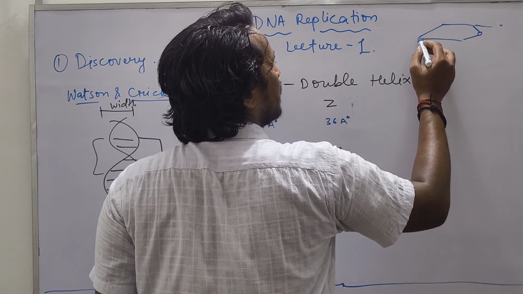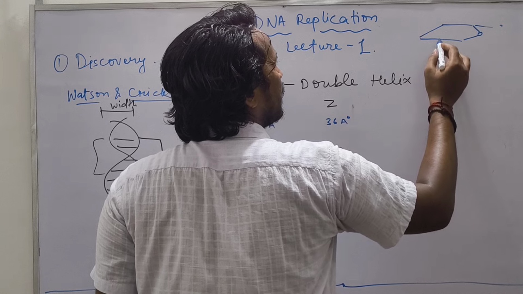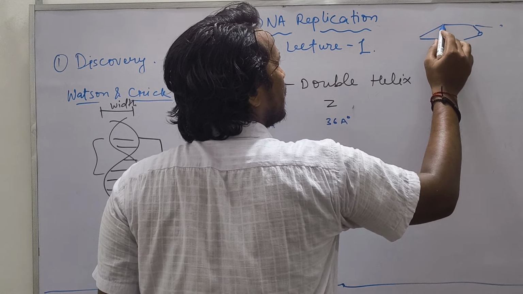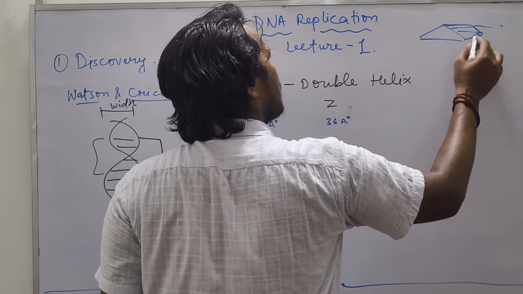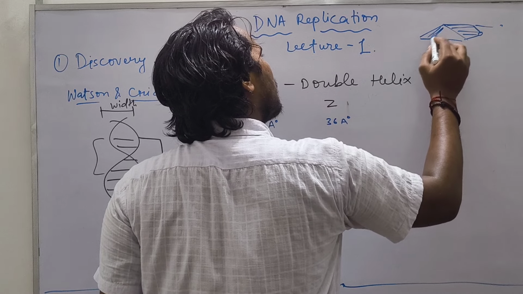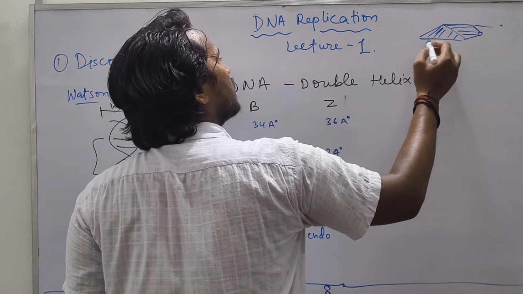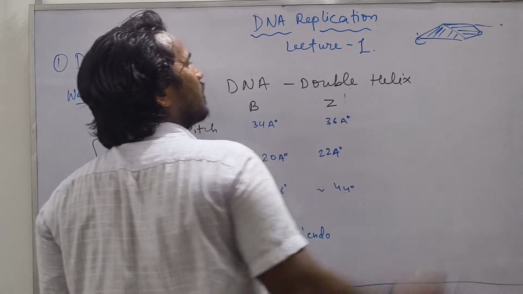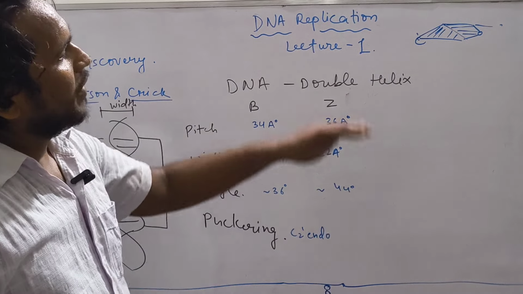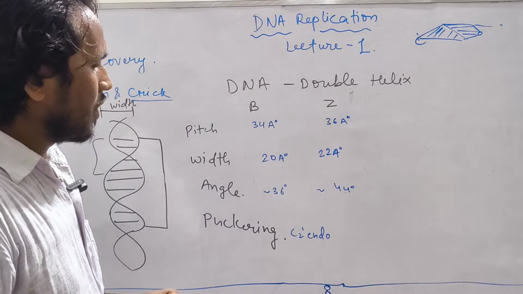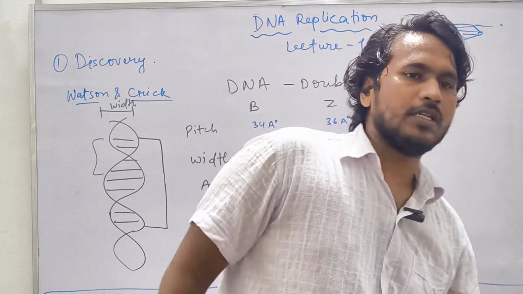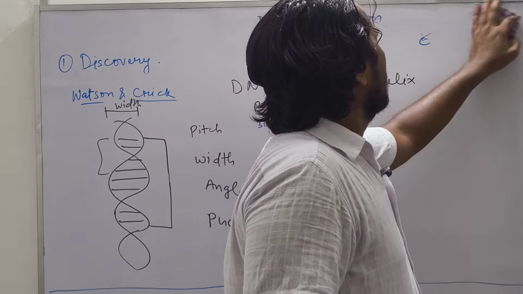So this carbon may be below the plane. Suppose this is below the plane. This carbon is just below the plane, so it is called C2 prime endo puckering.